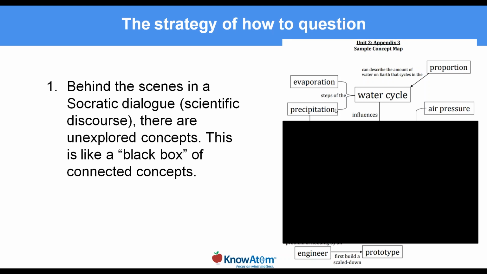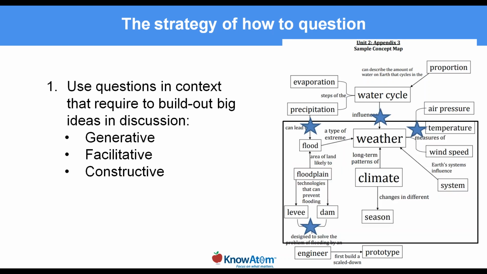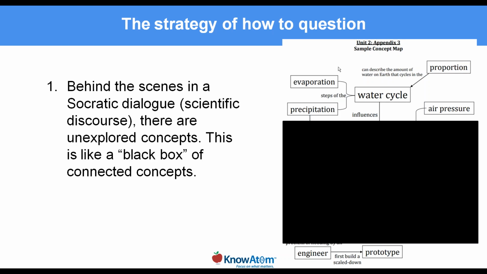So that's not even on our map at this point, but we could draw in collection as part of the water cycle. Okay. Now, what we've got out of that is just a few concepts, right? And we could keep pushing that further.